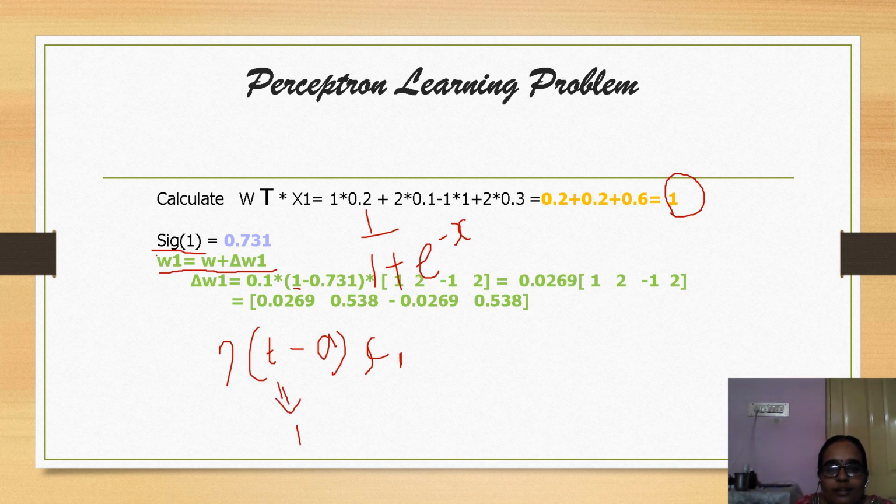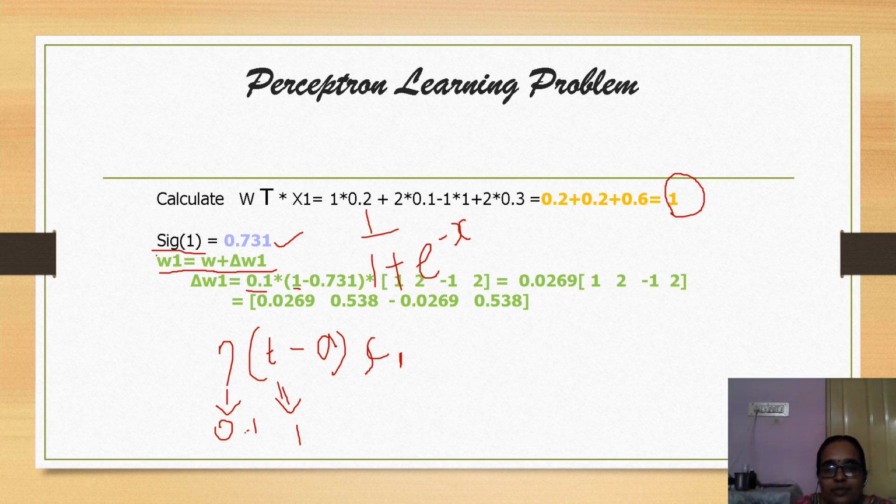We have the learning rate given as 0.1. The learning rate is fixed for all the inputs, as given in the problem itself. So we apply the learning rate multiplied with target 1 minus actual output. What is our actual output? 0.731. Target minus actual, multiplied with the input. As we are taking the first input, what is our first input? 1, 2, minus 1, 2.